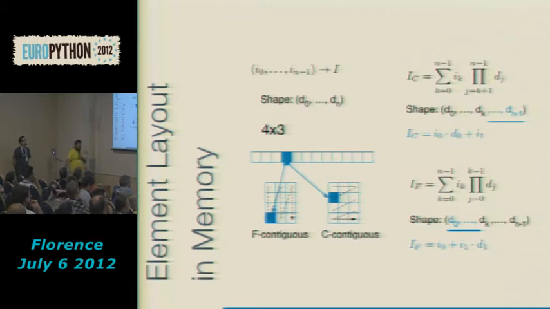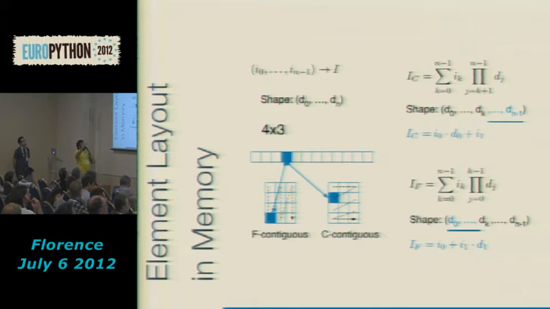So, since I love formulas, I tend to put a lot of them in presentations because, well, I'm a bit chaotic, as I told you before. But this is not really important to understand. This is the example relative to the picture here. So if we want to know the index in the linear structure, we have to do this kind of operation, where the D are just the shape of the matrix, okay?